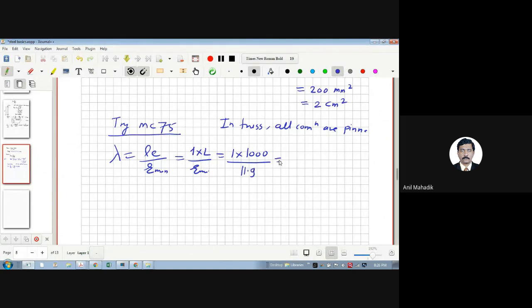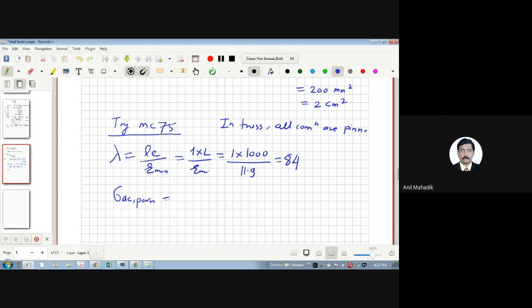So what is the value of lambda? Something 95 or something. Okay. Actually निकालना पड़ेगा क्योंकि permissible stress is depending on that. So 1000 divided by 11.9 is 84.4.